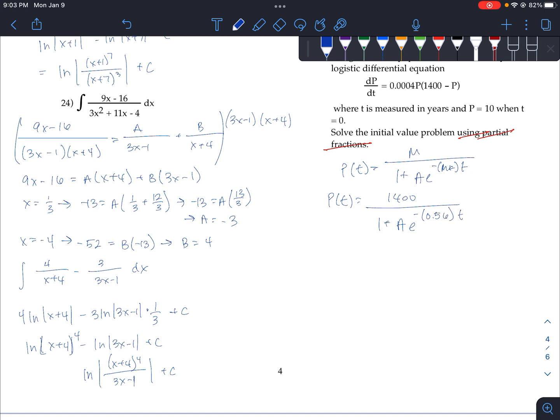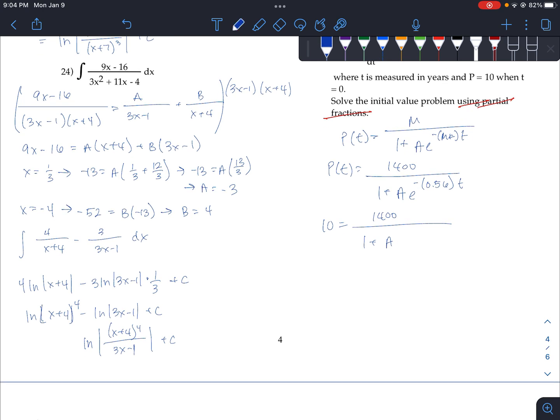Okay, now let's apply the initial condition so that we find the value of A. So P is 10, t is 0. So we'll have 10 is equal to 1400 divided by 1 plus A. Now, if you plug 0 in here, that's going to be e to the 0, which is just going to be 1.